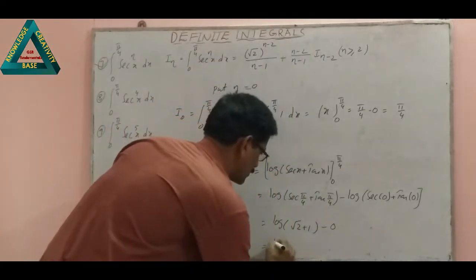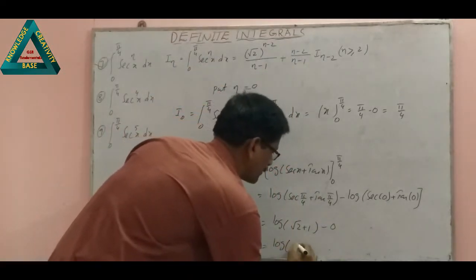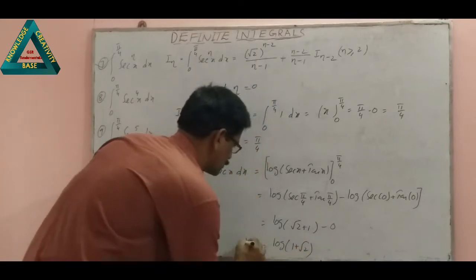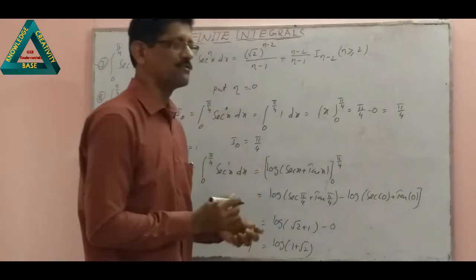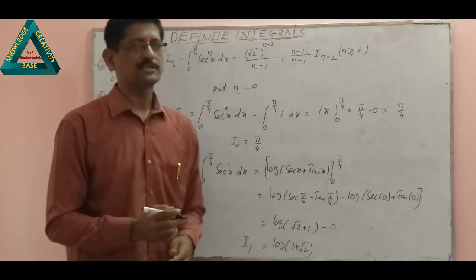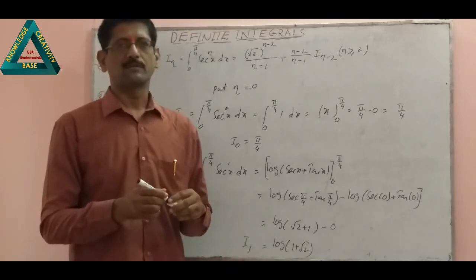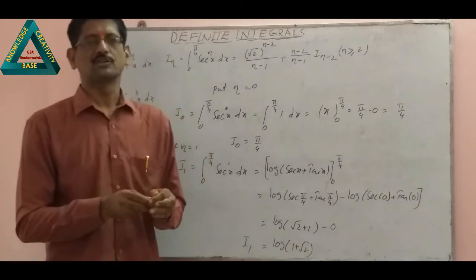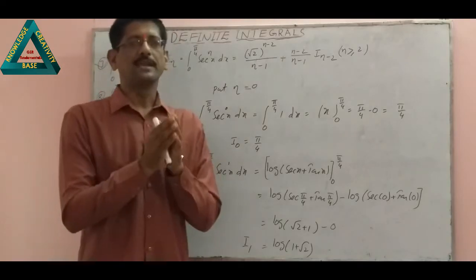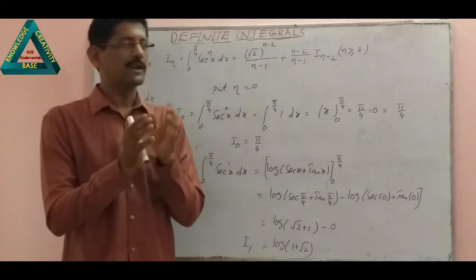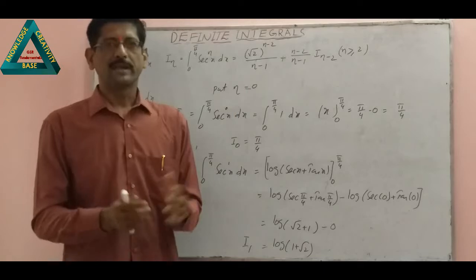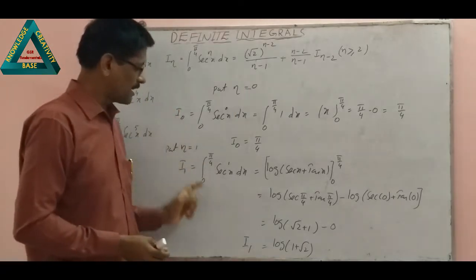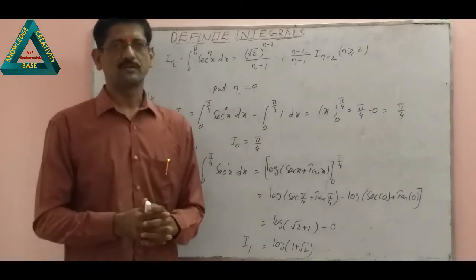So that equals log of 1 plus root 2. So what is the value of I1? Log of 1 plus root 2. I0 is pi by 4. These two are very important values. Don't substitute n is equal to 0 or 1 in this result; calculate I0 and I1 separately. These two are very important formulas.